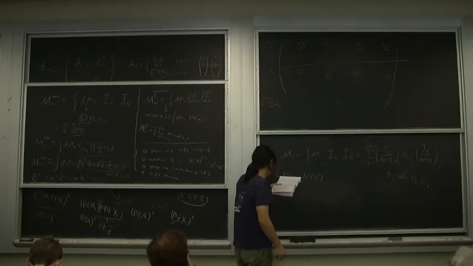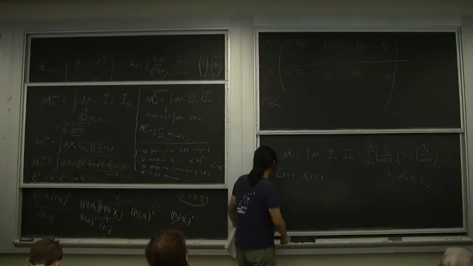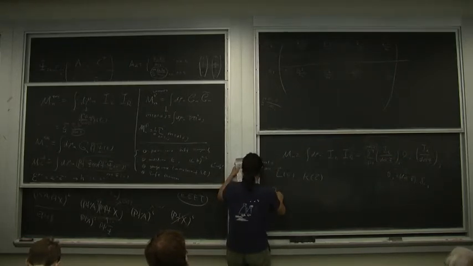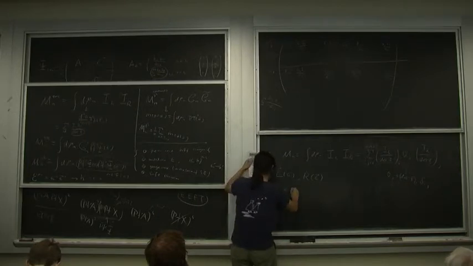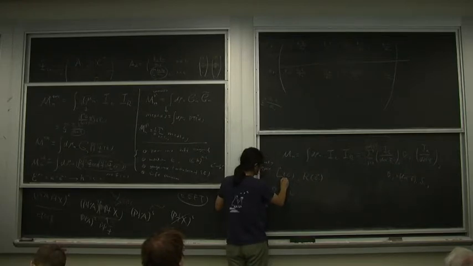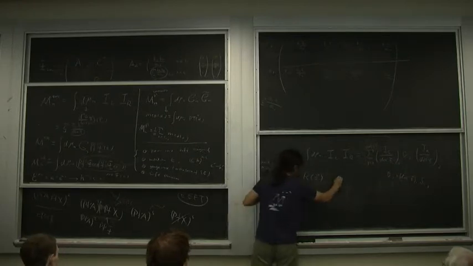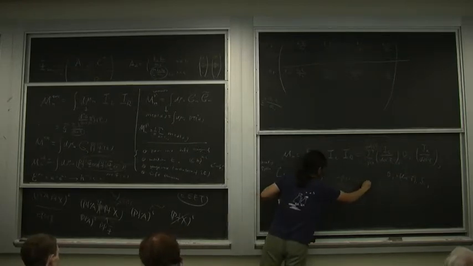Actually, you can prove this very trivially. The D_ij I just wrote is nothing but L. I use alpha and beta to label this auxiliary space. So far I haven't told you what they are.